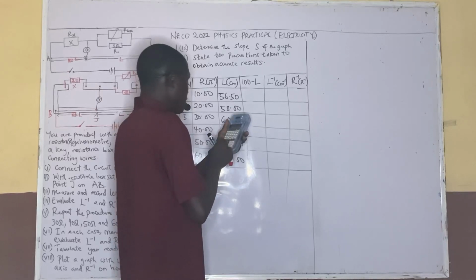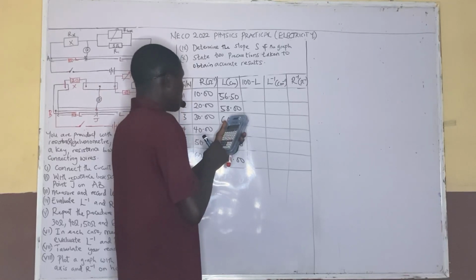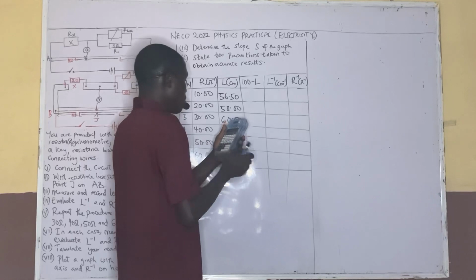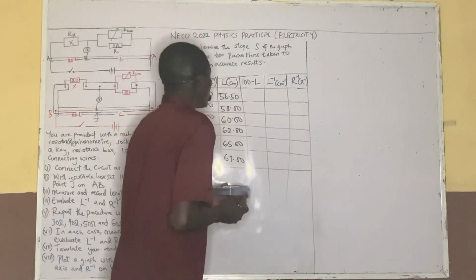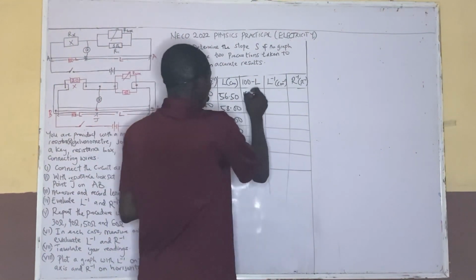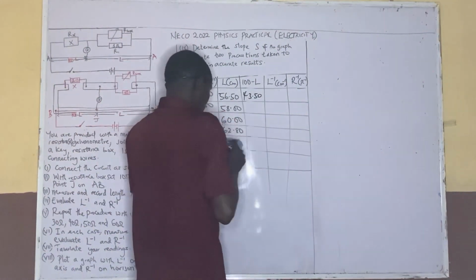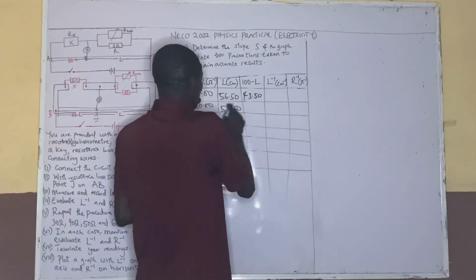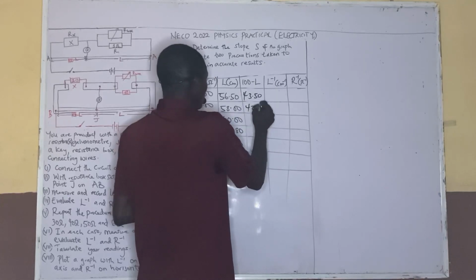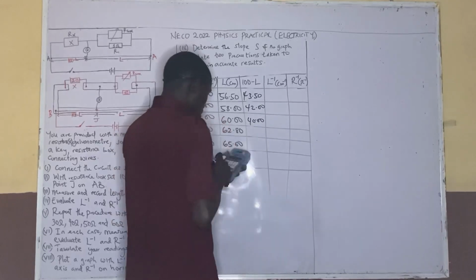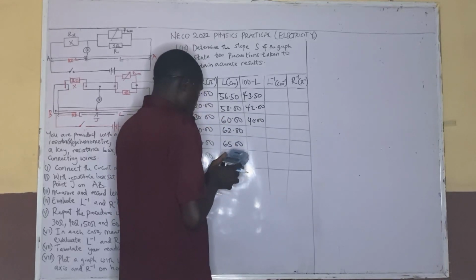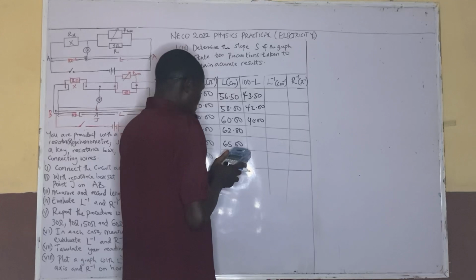100 minus L will be 100 minus 56.50. We have 43.50. We have 100 minus 58 to give you 42.00. This one will give you 40.00. This one will give you 100 minus 62.80.